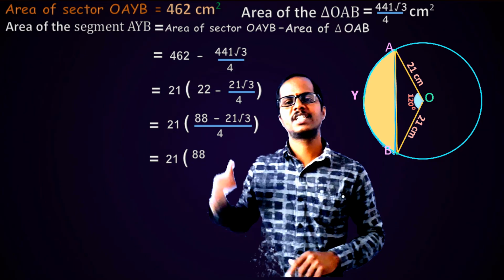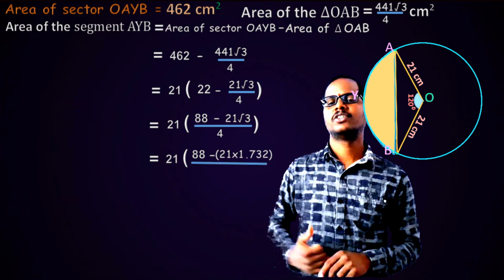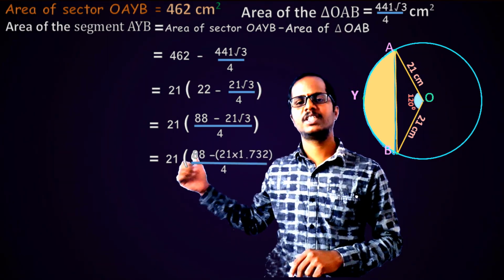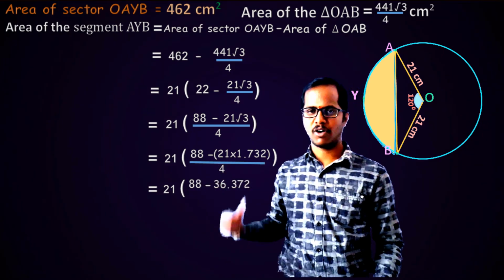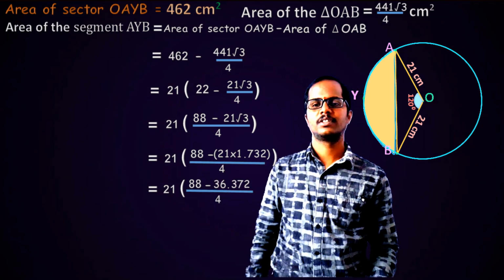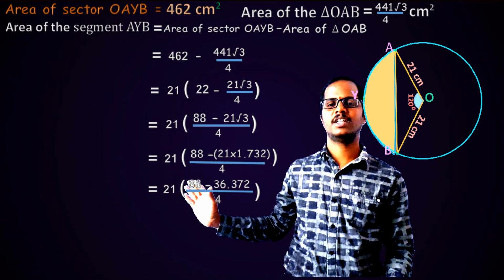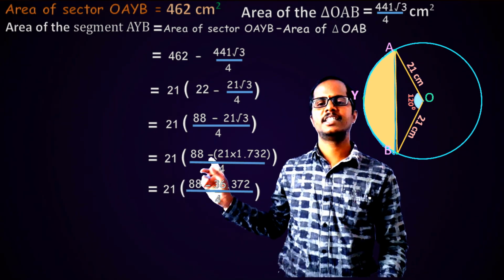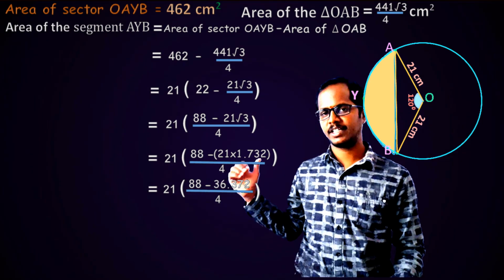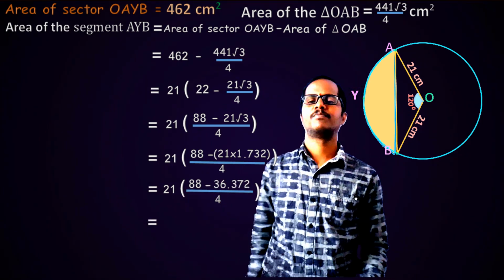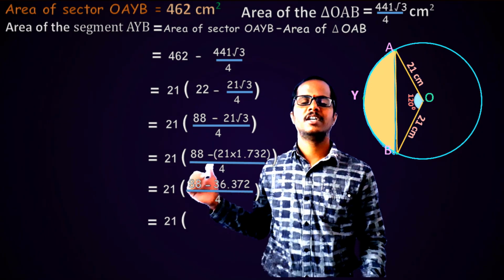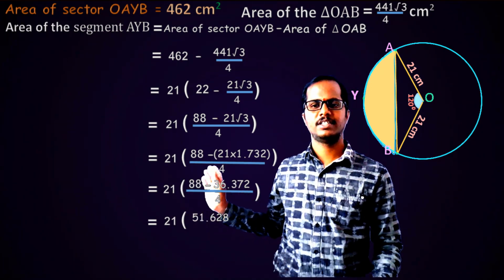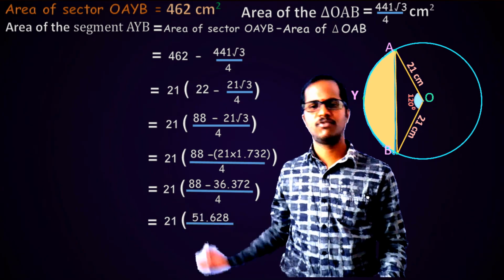Now the root 3 value is given as 1.732. So let us multiply 21 with 1.732. So we get their product as 36.372. So now what we have? 21 into, in bracket, 88 minus 36.372 by 4. So by subtracting 36.372 from 88, we get 51.628, and by 4.